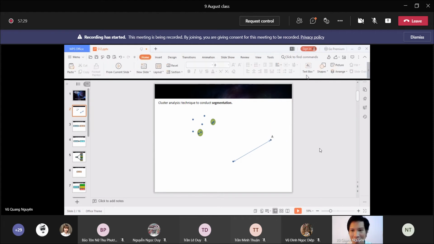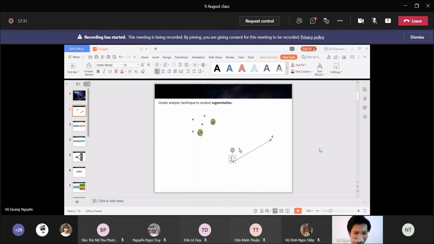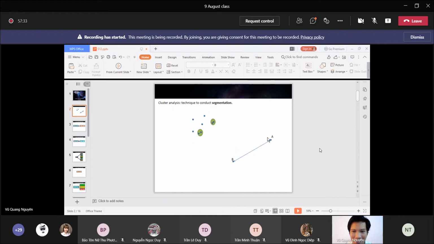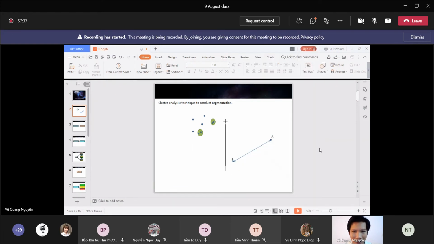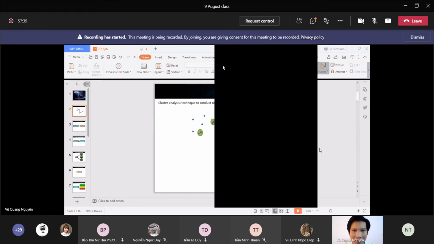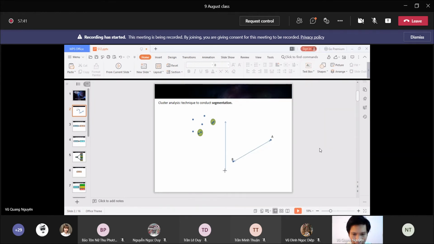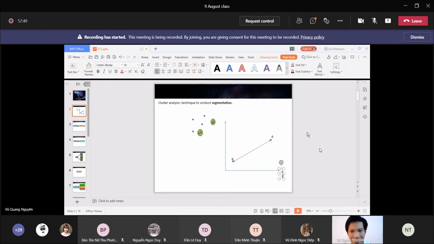Let's go, Mr. A and Mr. B, right? Okay, how to know the distance between them? You know that they all have their coordinates, with x1 and then x2.